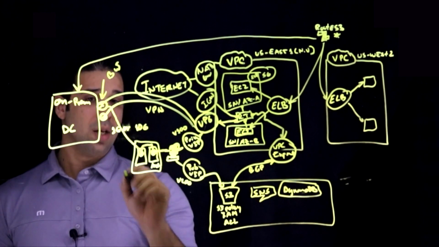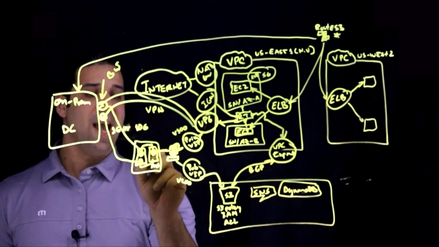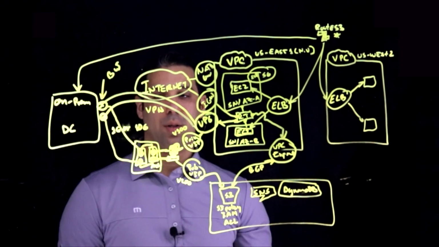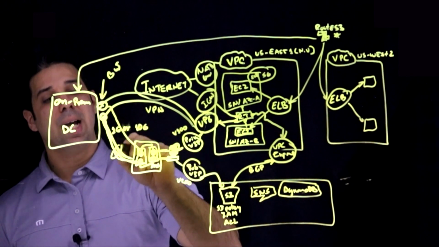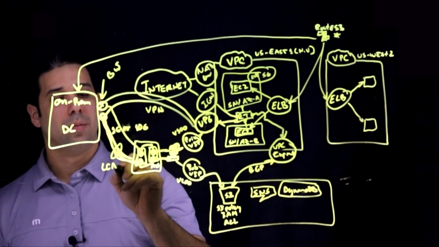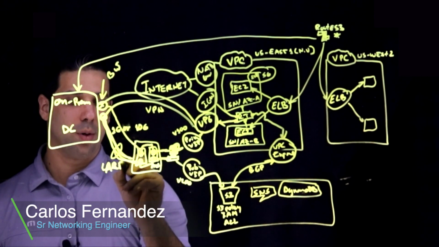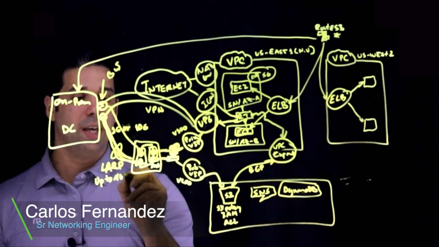For resilience, if you create another AWS Direct Connect connection, AWS by default will connect that with a different router. And you also have the ability to set up a link aggregation control protocol. I think that will be link aggregation control protocol, getting up to 40 gig per second.